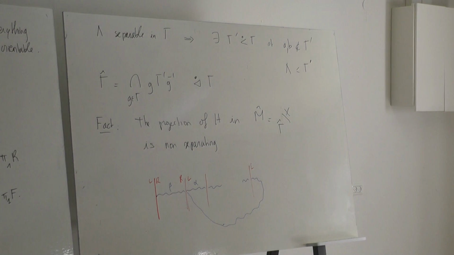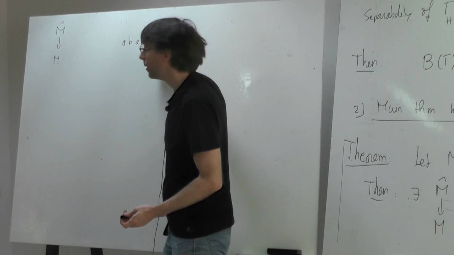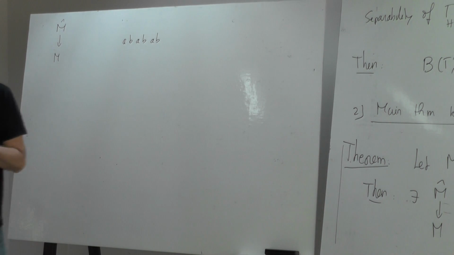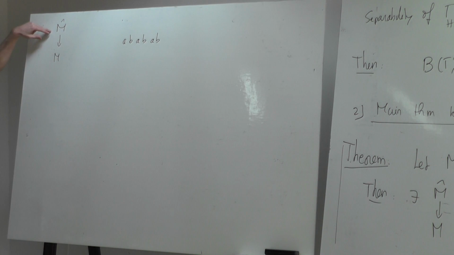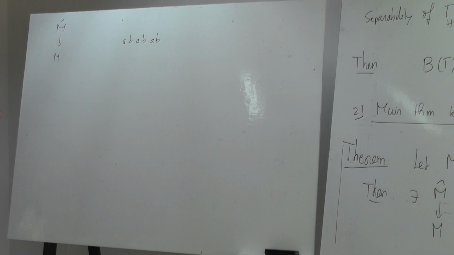So you will lift a loop of the form A, B, A, B, A, B. At some point, because it's a finite cover, there is some power of AB that gives really a loop here. But each A and B goes from one connected component to another. Okay? So you start with the base point, and you look at your first connected component, F1 hat.